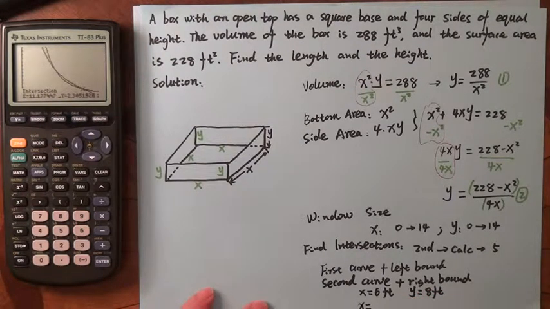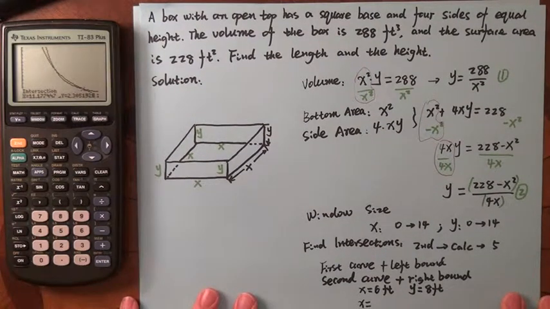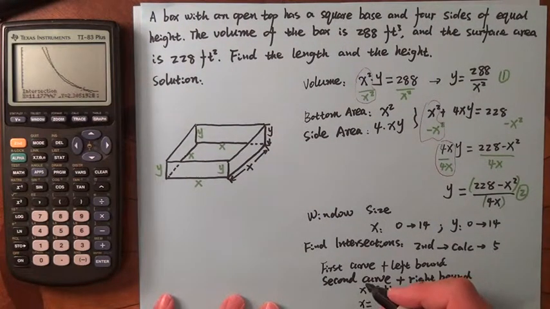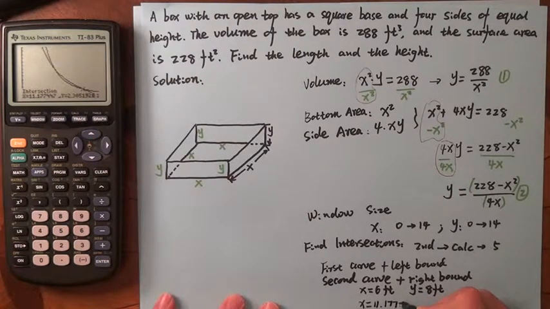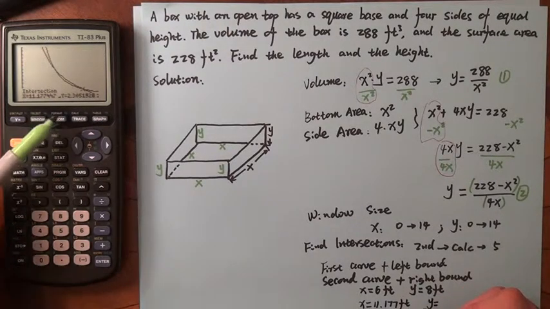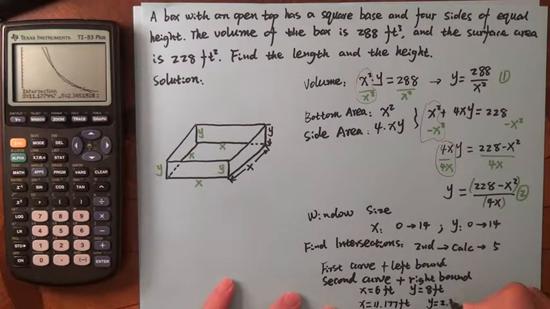What is that? x is 11 point, move this higher a little bit. Good. So x is 11.177 feet, and then y is 2.305 feet. Yeah, that's correct.